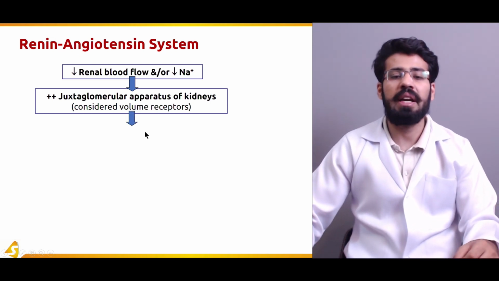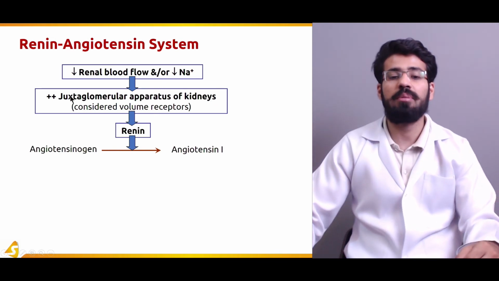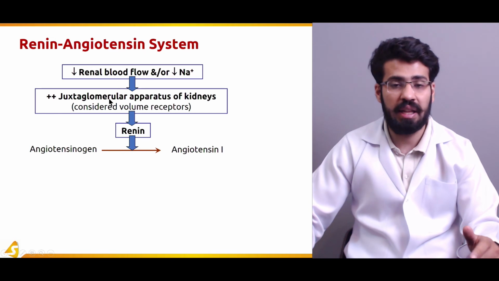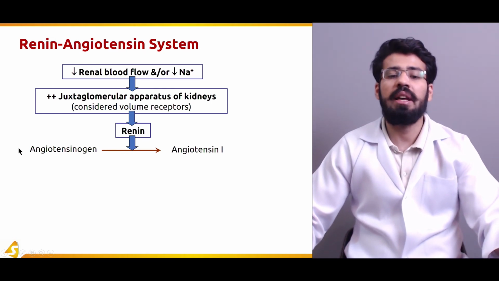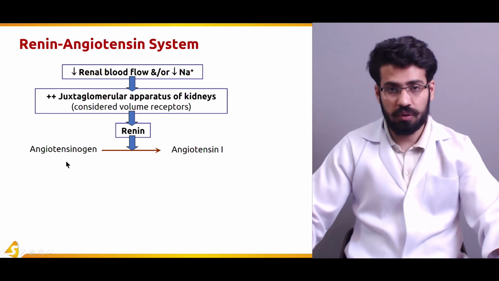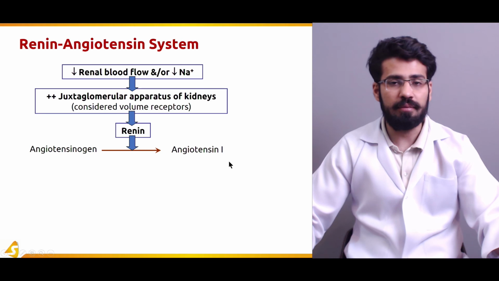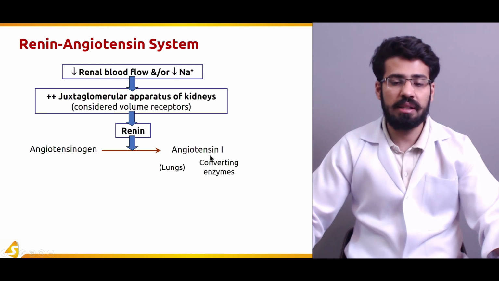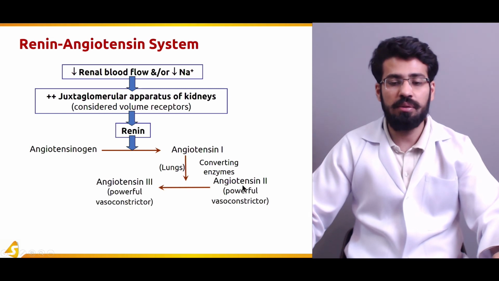This will cause the release of renin from the JGA cells that I have discussed in the previous slide. This renin will convert the inactive angiotensinogen to angiotensin 1. Angiotensin 1 is converted in the lungs through the converting enzyme into angiotensin 2.